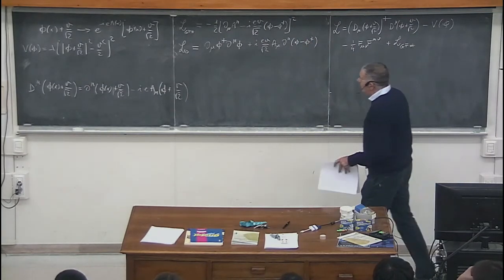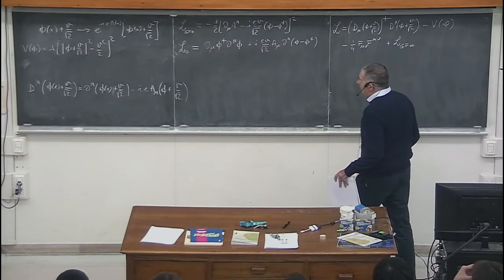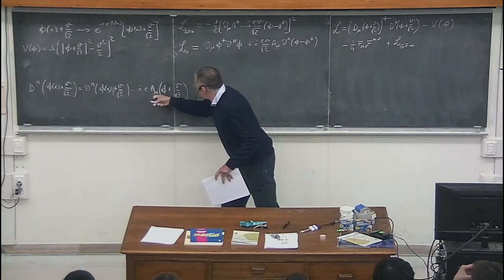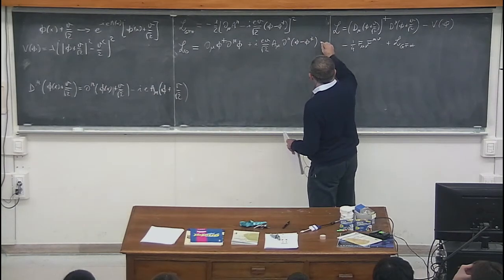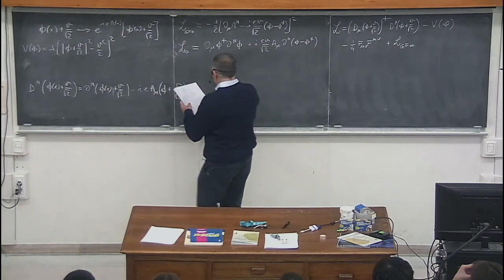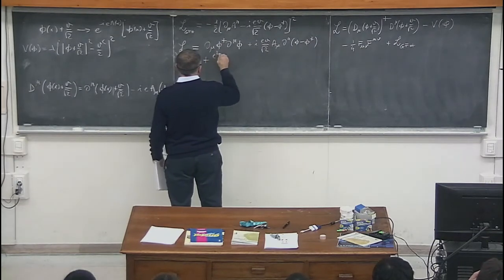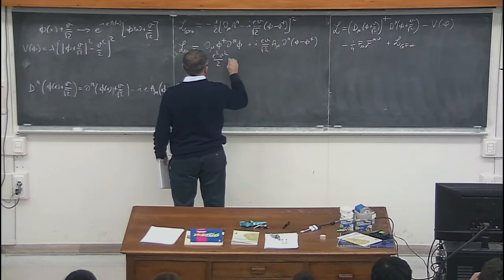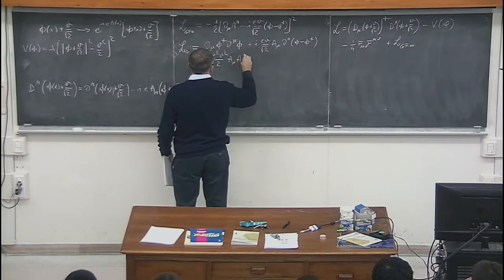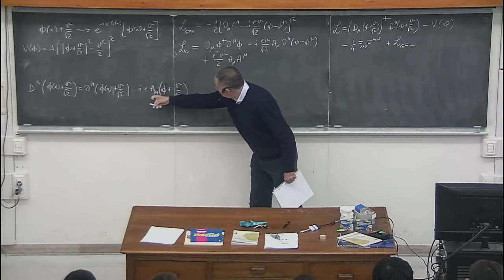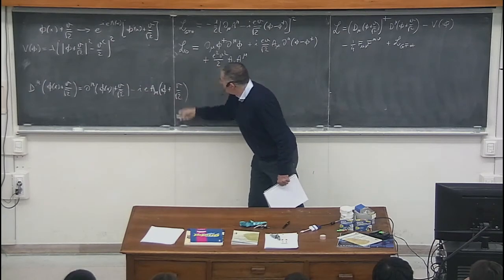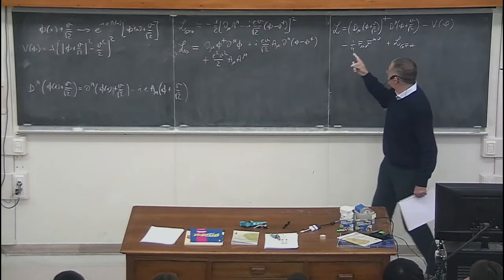Then there is a quadratic term from the square of this term here, A mu times phi. I write it here: plus e squared v squared divided by 2 A mu A mu. The square of this term, i e A mu v over root 2, is this term here.